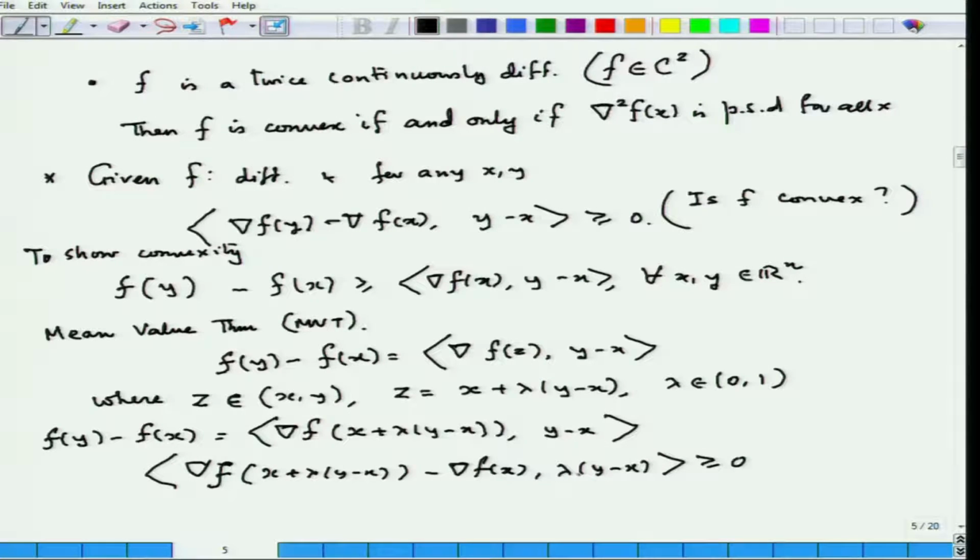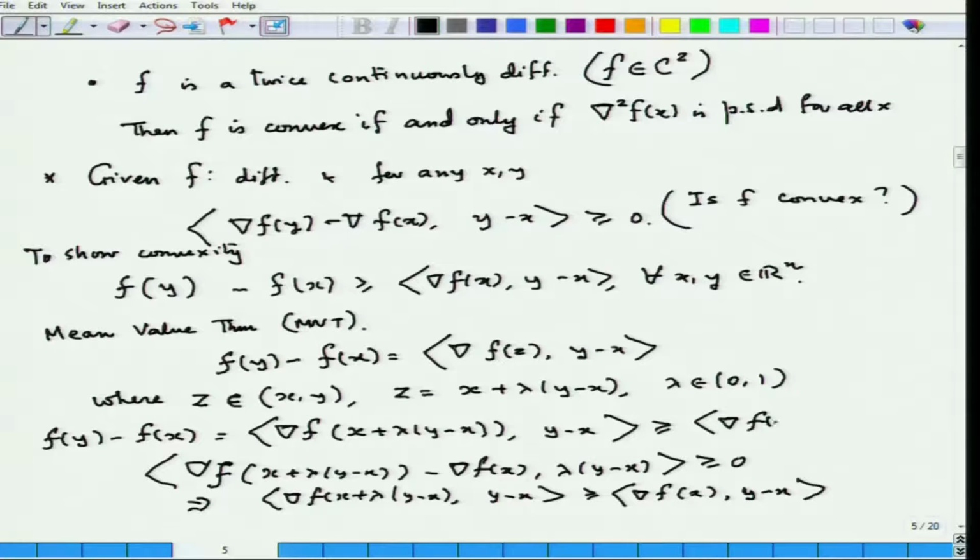I can obviously take the lambda out and divide by lambda, because lambda is between 0 and 1. So, I would immediately have that the inner product of grad f of x plus lambda y minus x with y minus x is bigger than grad f of x into y minus x. So, now I can wrap it up and show that this is nothing but greater than grad f of x into y minus x.